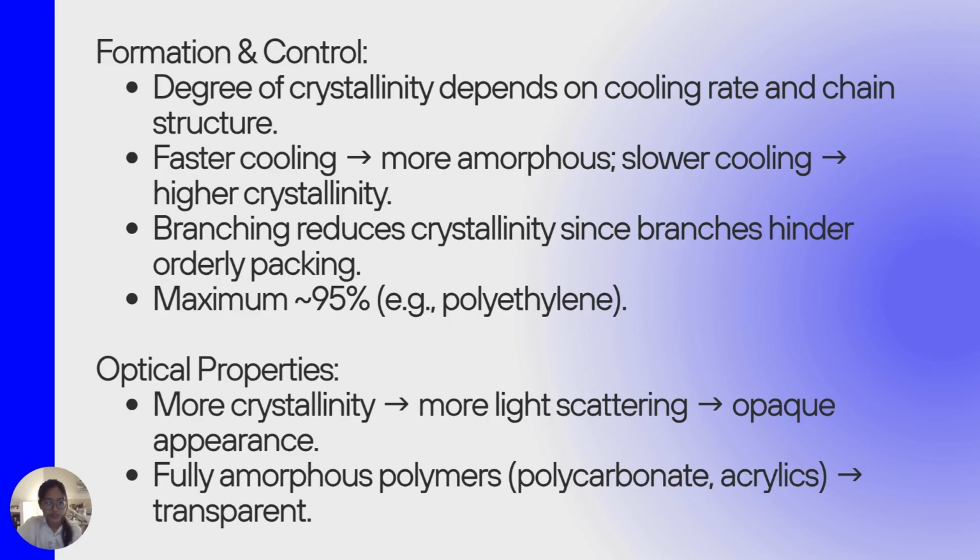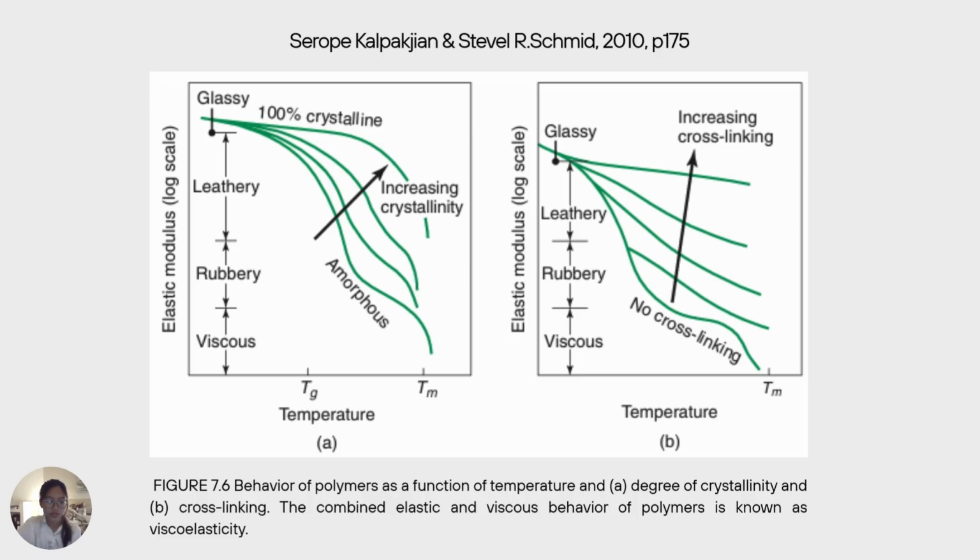For the optical properties, more crystallinity means more light scattering, which means an opaque appearance, versus fully amorphous polymers, for example acrylics, which are transparent. This is the continuation of the behavior of polymers as a function of temperature.